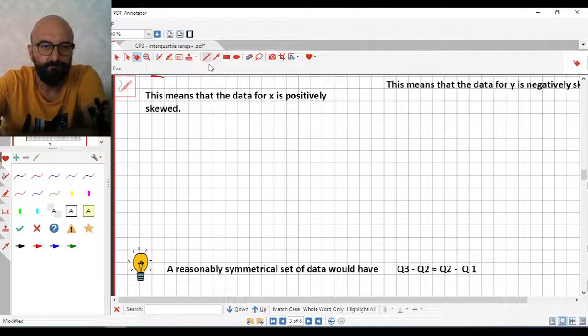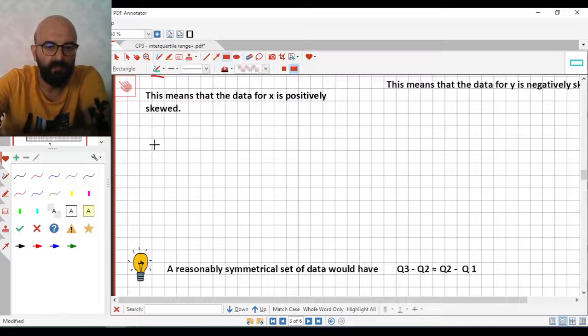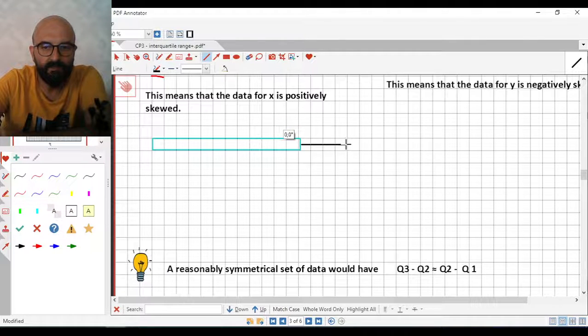Okay. Now, for example, if we make some practice. For example, this is the box and whisker diagram. This is the box and whisker diagram.